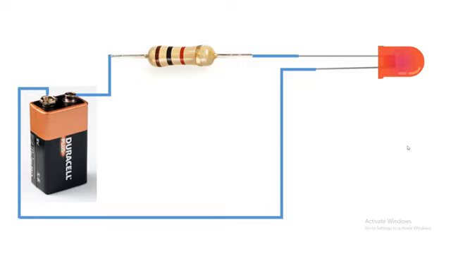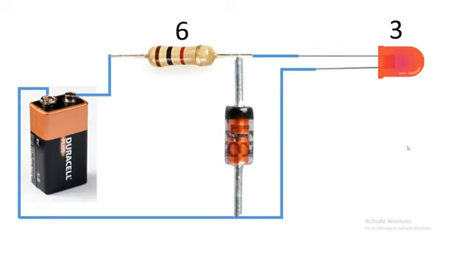To save this LED from damage, we use the Zener diode. So you can see here, this LED glows on 3 volt. The extra 6 volt will drop on this resistor. For safety, we use the Zener diode in this circuit in parallel. So this was the function of the Zener diode.